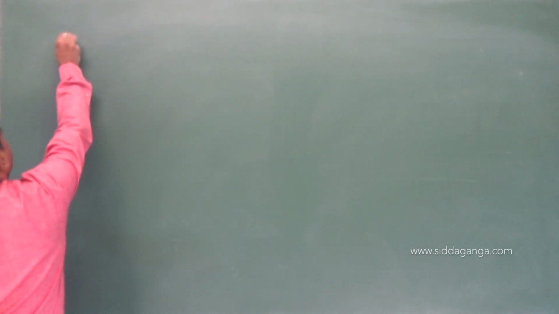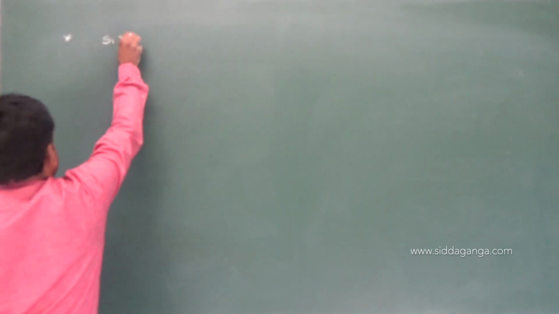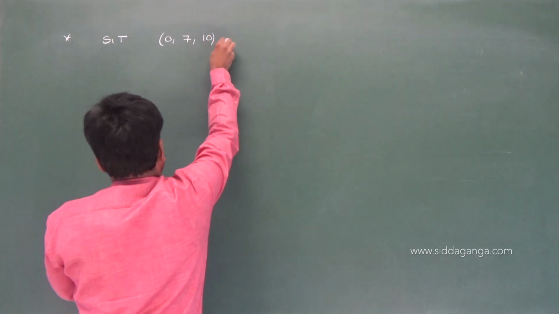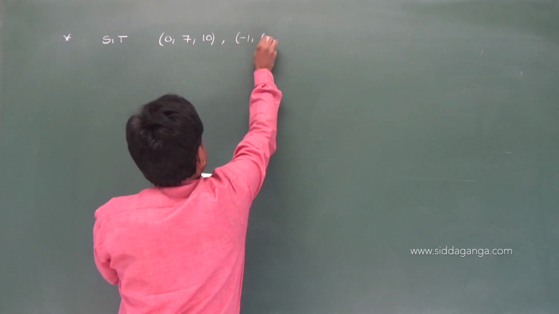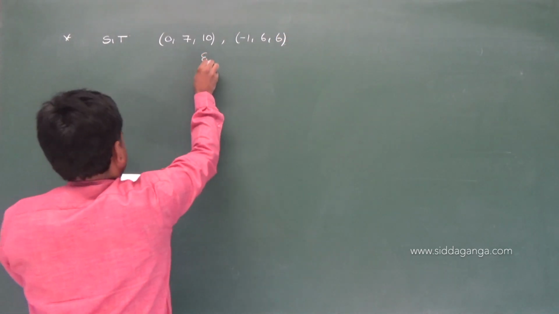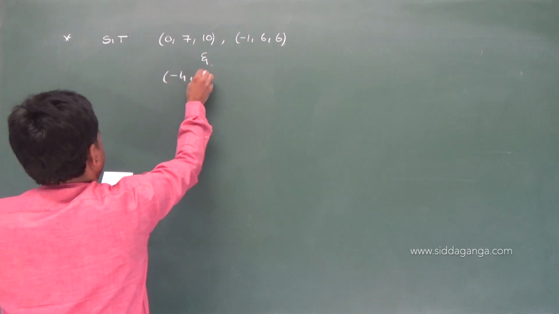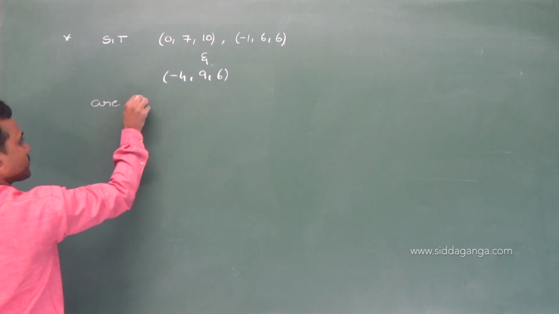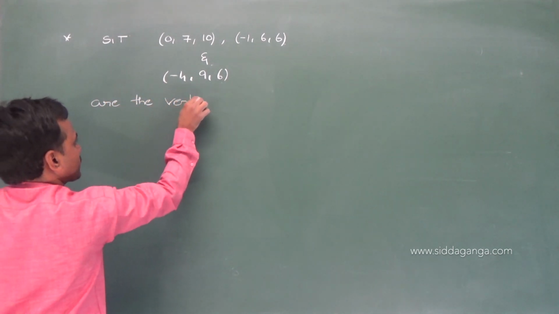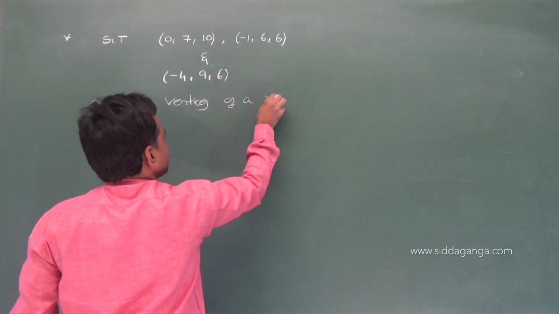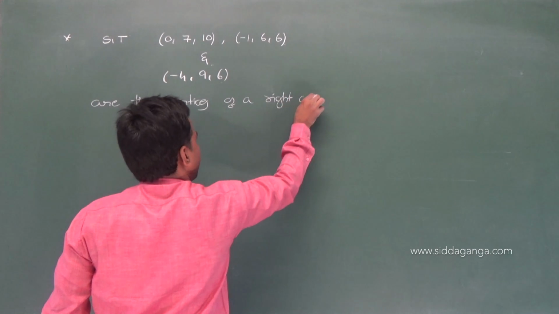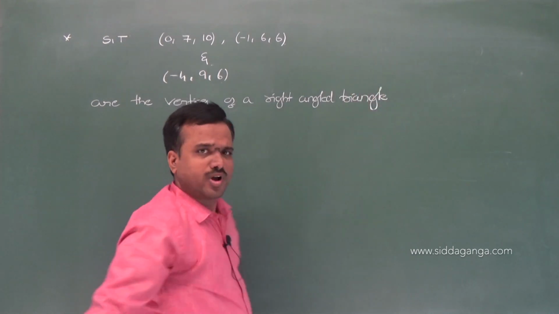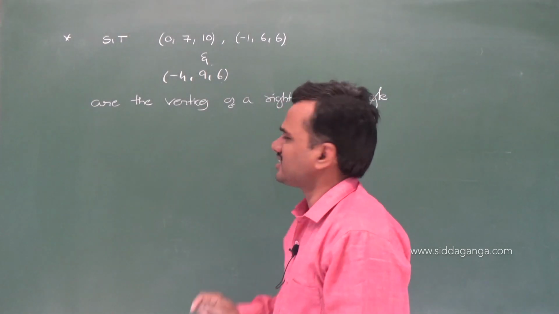Next problem: show that (0, 7, 10), (minus 1, 6, 6) and (minus 4, 9, 6) are the vertices of a right angled triangle.